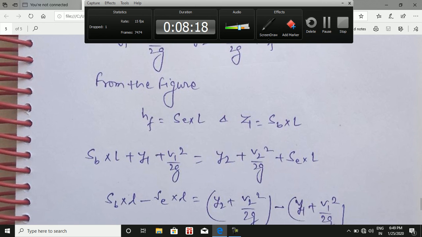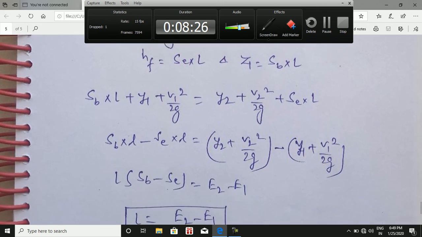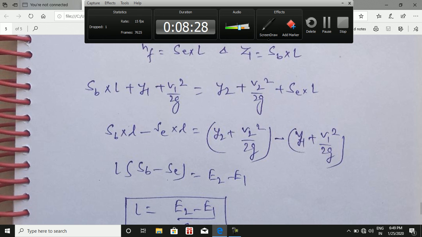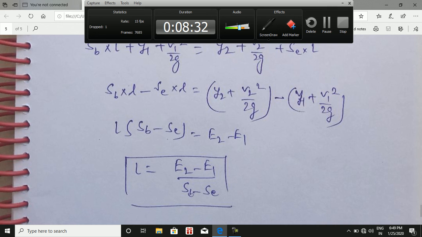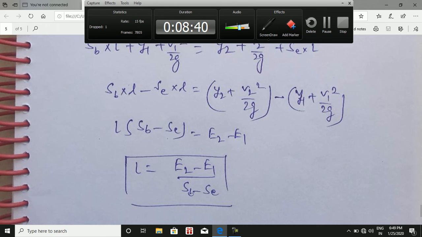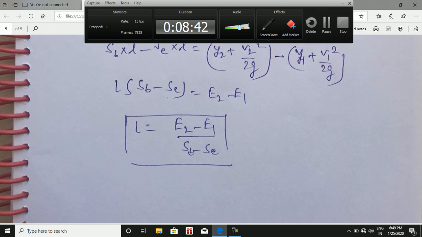Putting the values of hf and Z1 in the Bernoulli equation applied between section 1 and section 2, and simplifying, we will get SB minus SE into L equal to E2 minus E1. So L is equal to E2 minus E1 upon SB minus SE, and this is the length of backwater curve. Thank you.